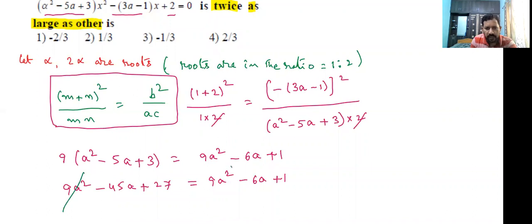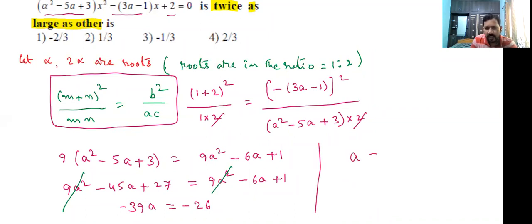Students, observe here, 9a square cancels. Next, minus 6a, send to the left hand side, we get minus 39a. 27, send to the right hand side, we get minus 26.